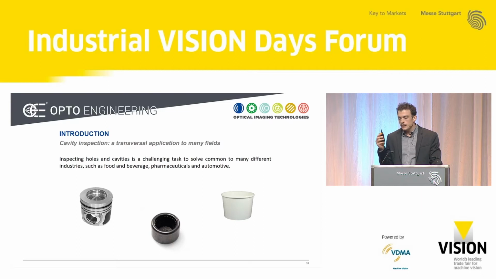It's safe to say that cavity inspection is a very transversal application because it is common to many fields and sectors, including, but not only, automotive, beverage, but also the pharmaceutical one. Here I reported just three simple examples of objects that are inspected with such lenses.